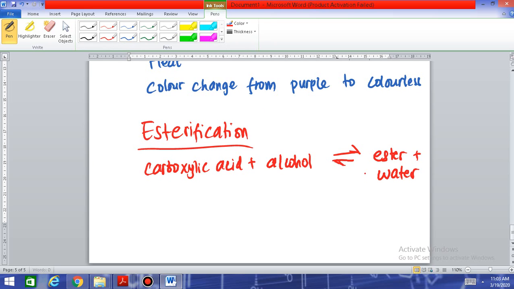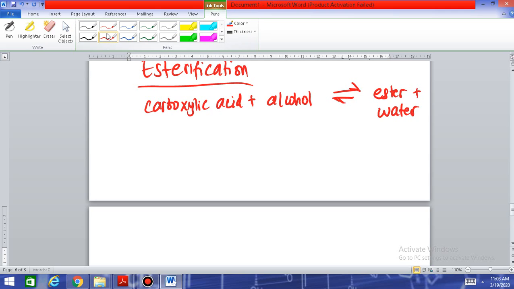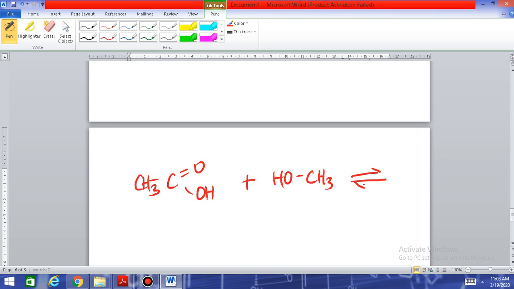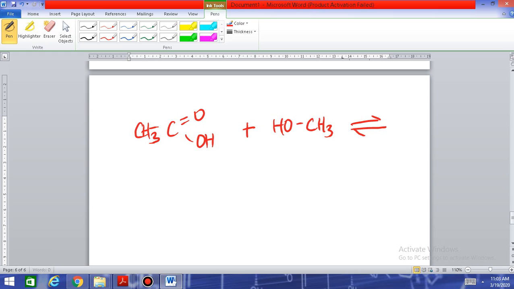For example, I have ethanoic acid. It's reacted with methanol. So this is the basic reaction mechanism.